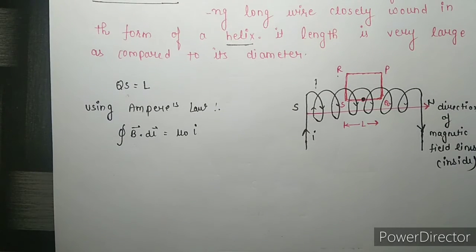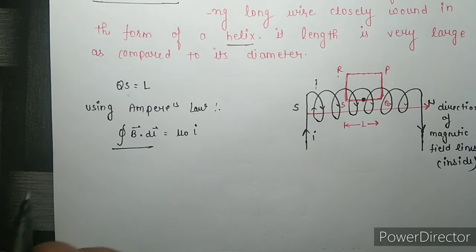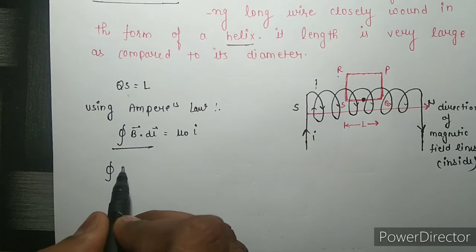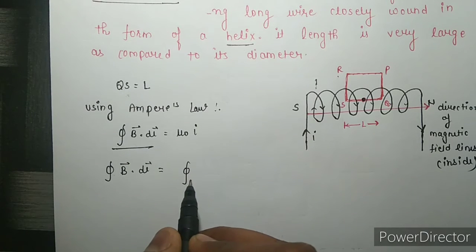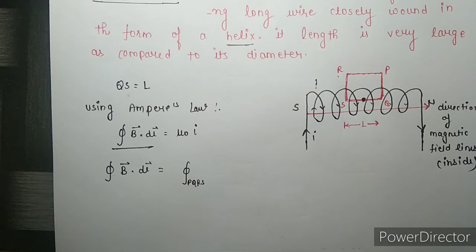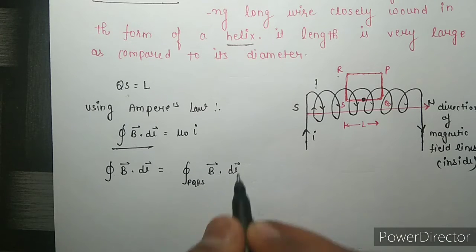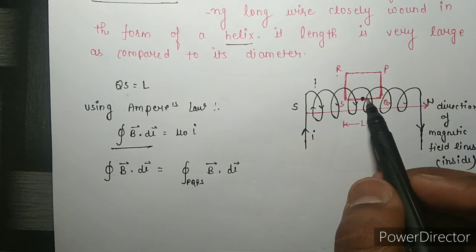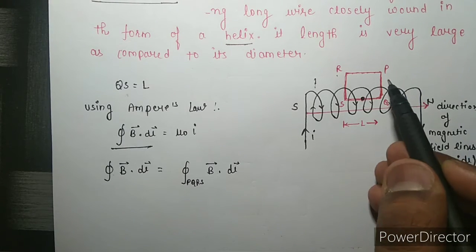Taking the LHS, the closed integral of B dot dl over the closed loop PQRS, we split this loop into four sides: PQ, QS, SR and RP.